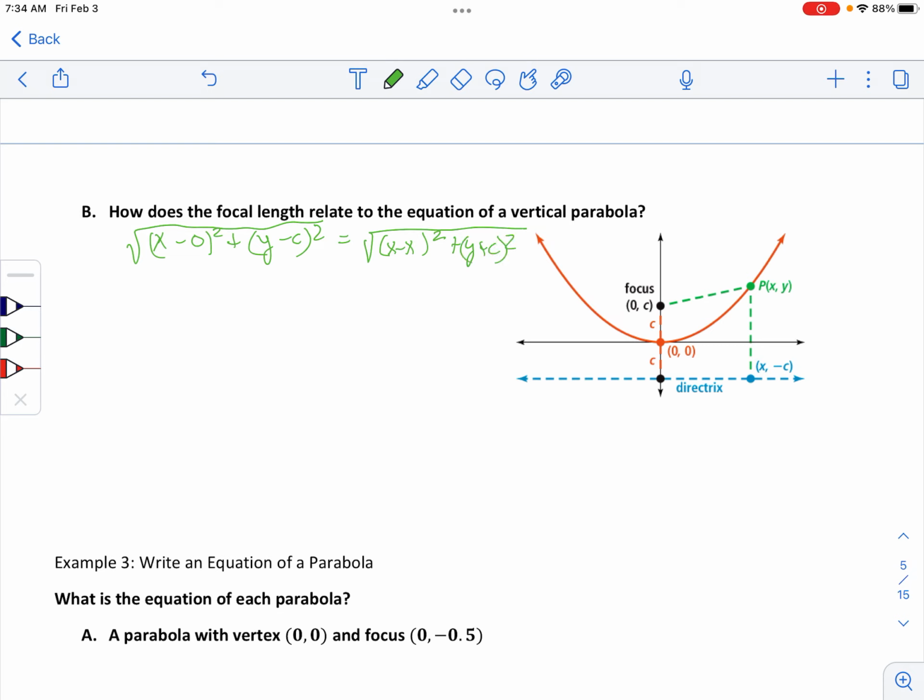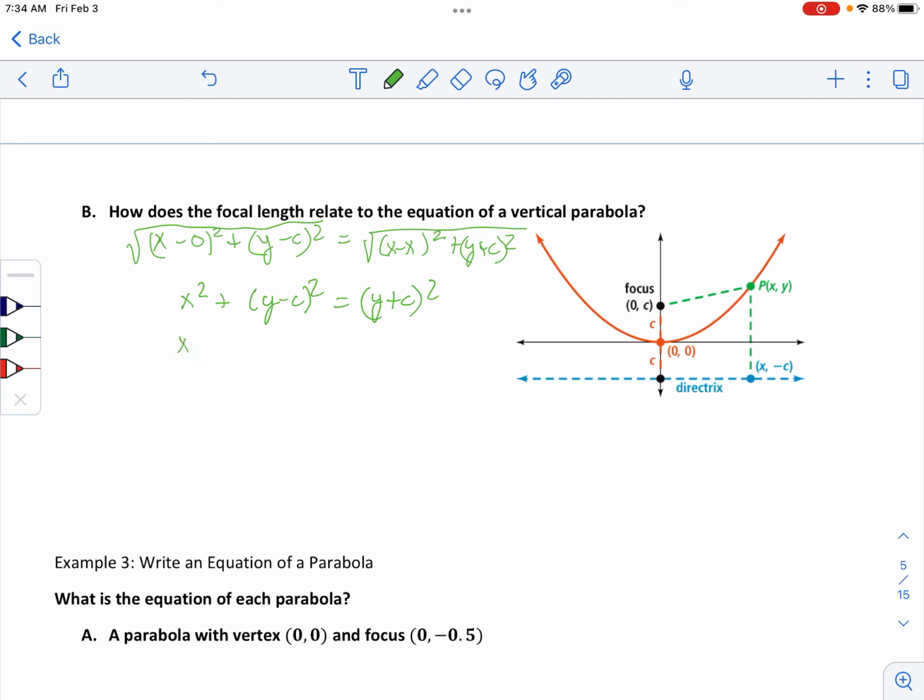Then we can square both sides, and that gets rid of the square roots. So you're left with x squared plus (y minus c) squared equals x minus x, which is 0, so this is just (y plus c) squared. Rewrite that so it's a little clearer to see.